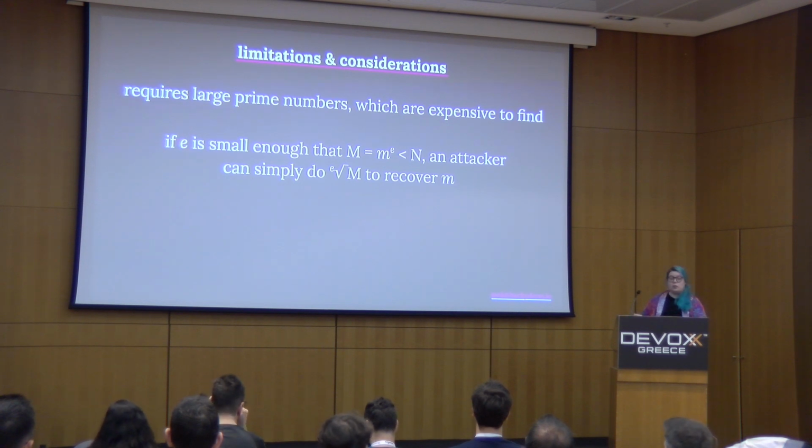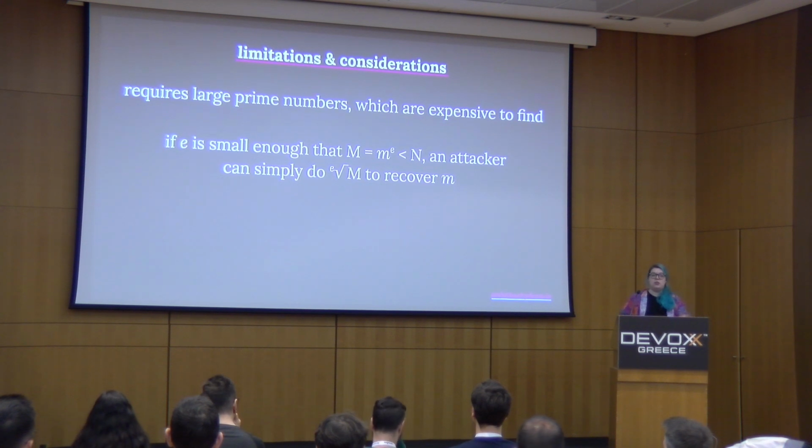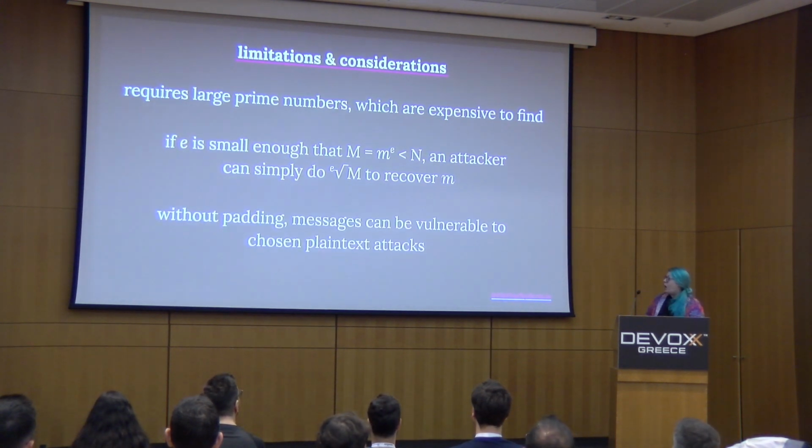If it's very small and you have a really, really big prime number, that means that when you raise something to the small power, it doesn't get big enough that it overlaps and you have to take the modulus of your big number. And that means that somebody can just take the root and get the number back. This is one of the things where, if you're actually implementing RSA, you need to pick a number that you publish as part of your public key that's not tiny, like not 2 or 3 or 5, for example.